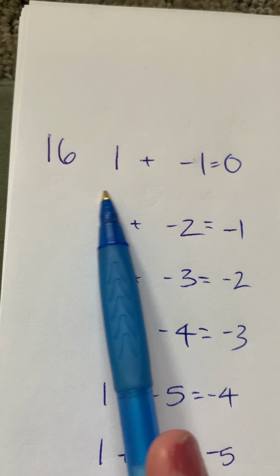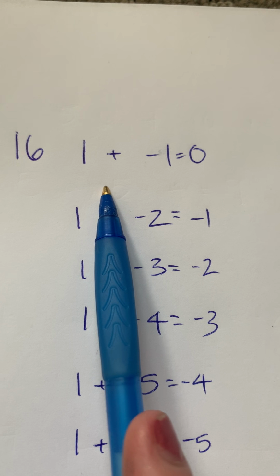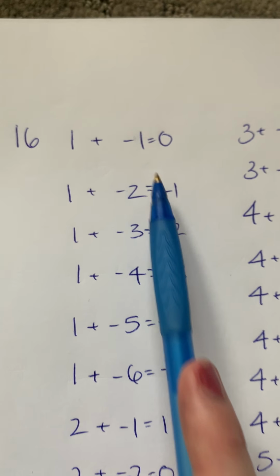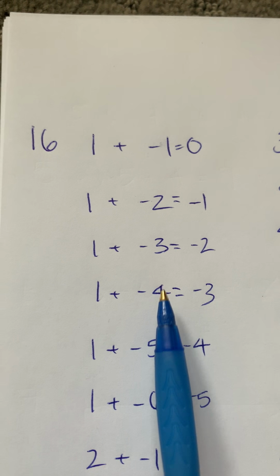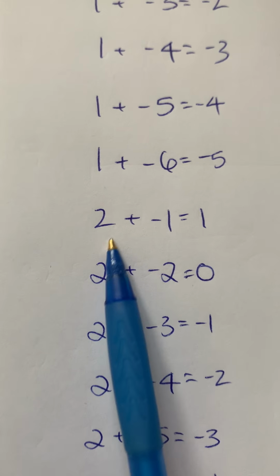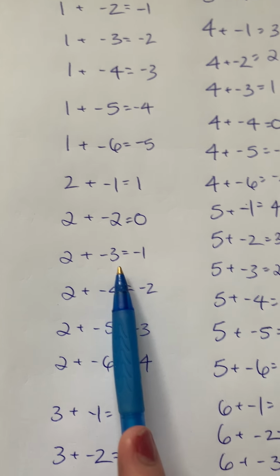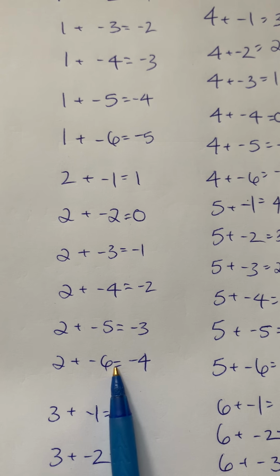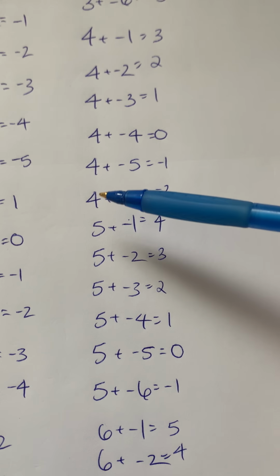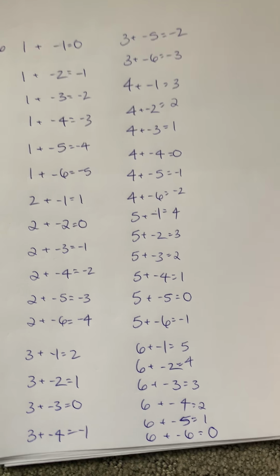So I started with the possibility that I would roll a positive 1. And if I rolled a positive 1, that means I could either roll a -1 on the second cube, -2, -3, -4, -5, or -6. If I rolled a positive 2, I could still roll a -1, -2, -3, -4, -5, -6, and so on for my 3s, my 4s, my 5s, and my 6s, and then I added them all together.